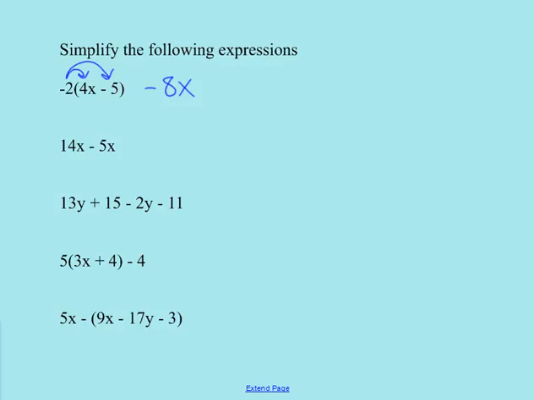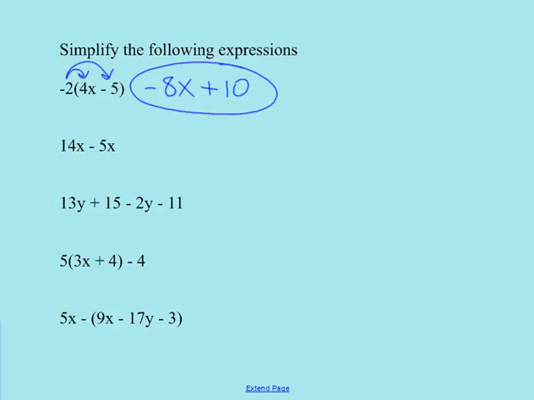And negative 2 times negative 5 would give us a positive 10. So we have negative 8x plus 10, and this is actually simplest form because the negative 8x has a variable with it, and 10 is a constant. So those are not like terms, so we're going to leave them just as they are, and that's our simplified answer.